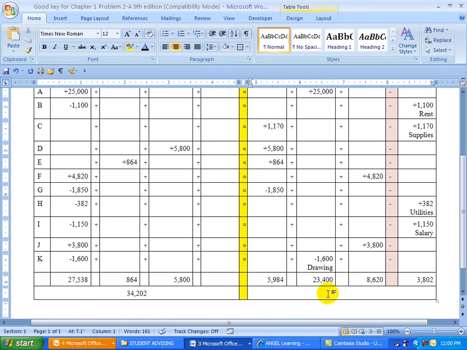Then we go over here, and what we're going to do is add the liabilities plus the capital plus the revenue, and we're going to subtract the expenses. When we do that, we're going to come up with the same number. And this concludes this exercise.